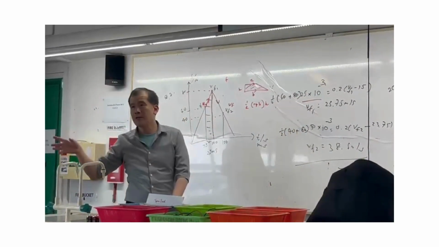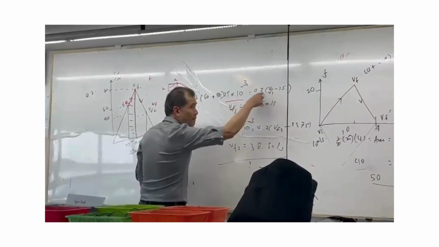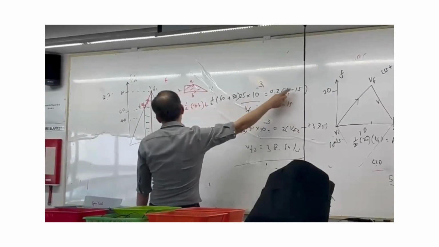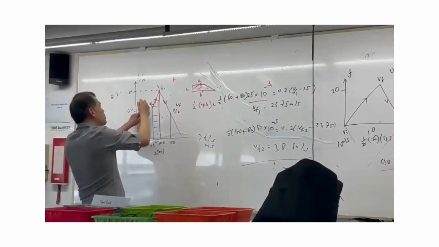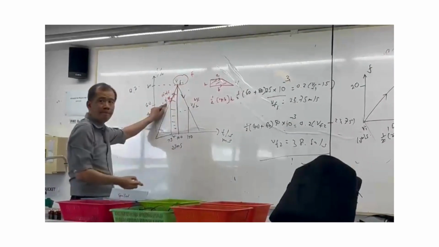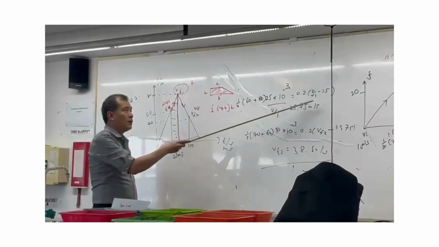And that's the area on the left hand side, which is equated to change in momentum, mass times v_f minus start speed u. My start speed u is 15, so this portion is 15 meters per second. And my job is to find Vf1. And after I do that, you find that this is it.